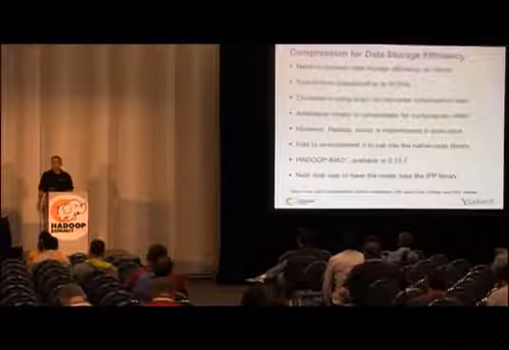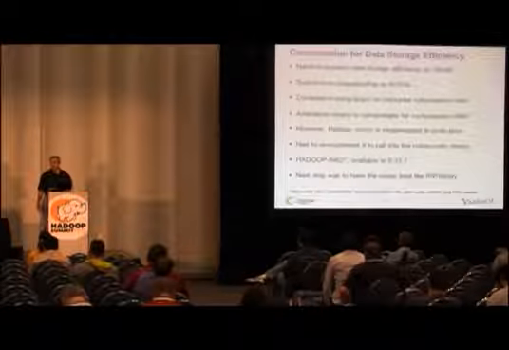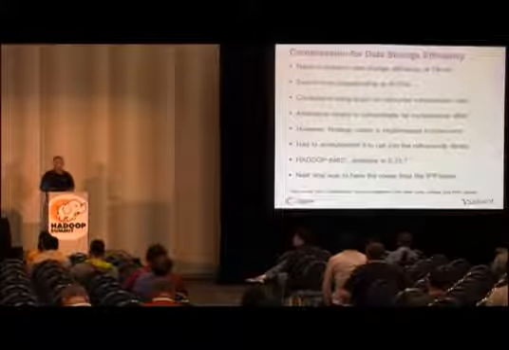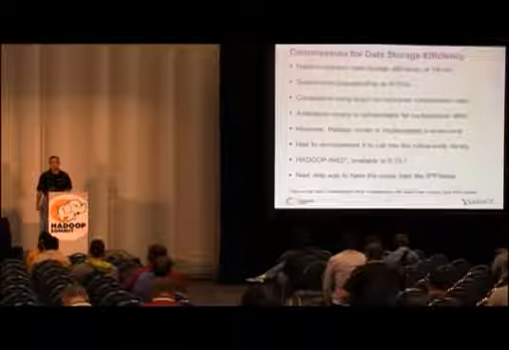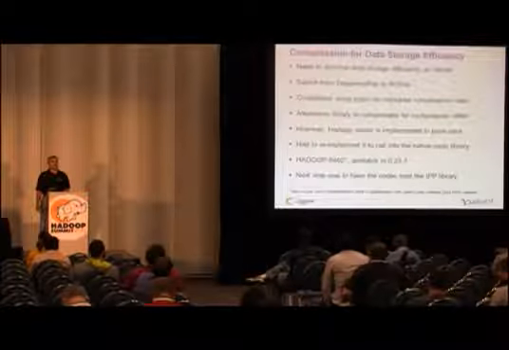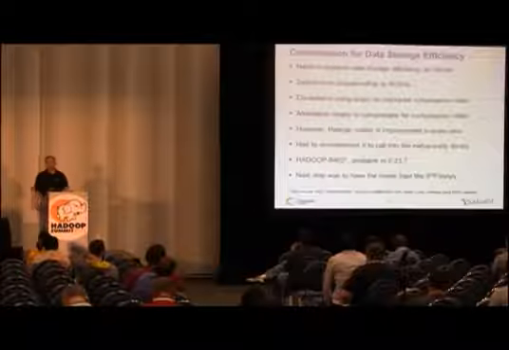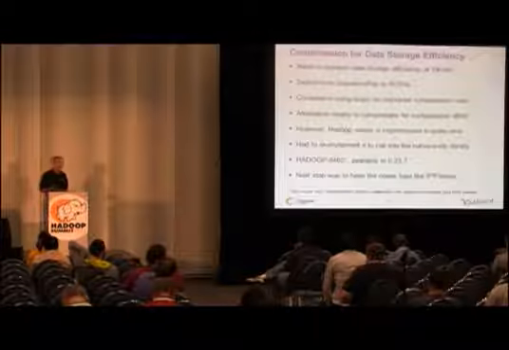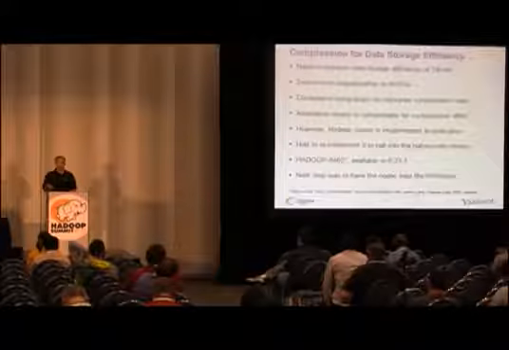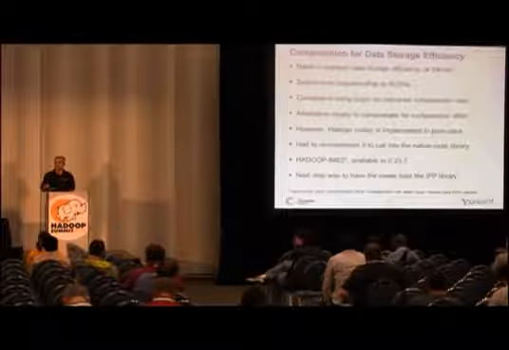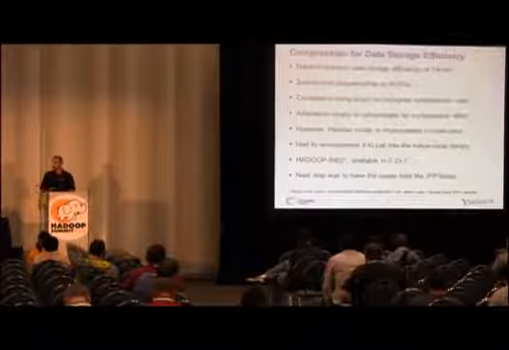That work was done in collaboration with Jason Lowe, Hadoop Core PMC committer, and checked in as JIRA 8462. This is available in the latest versions of Hadoop, 0.23.7 and above. So once we had this native code codec, the next step was to use it to substitute the IPP library for the standard system native code library.